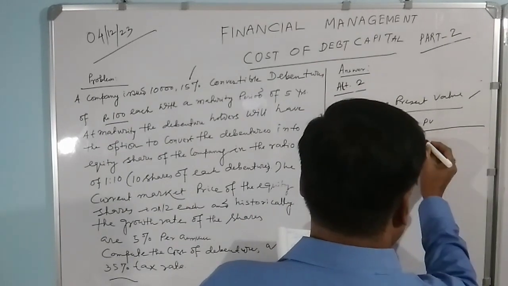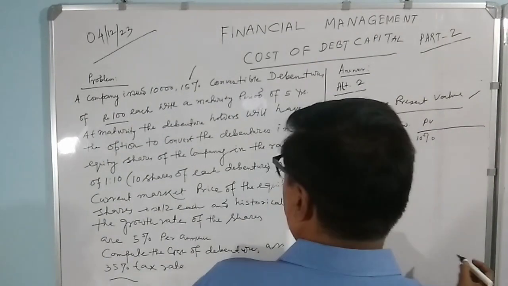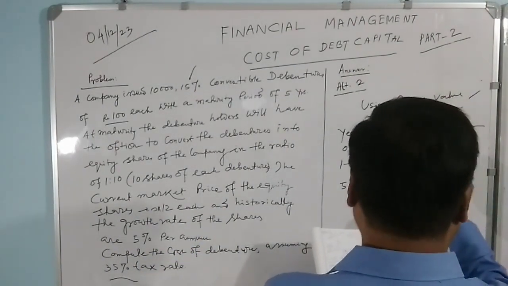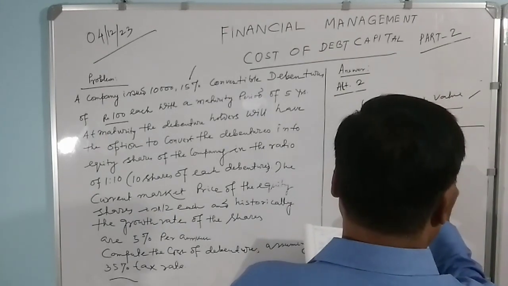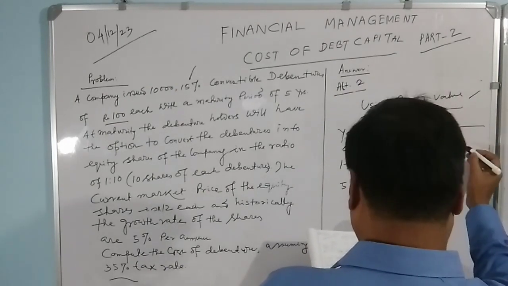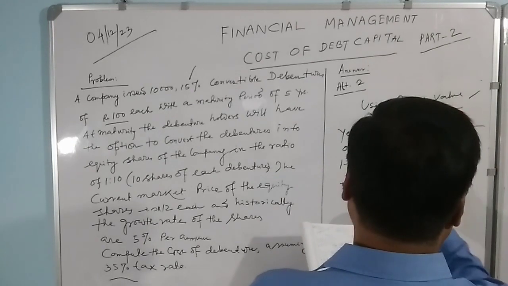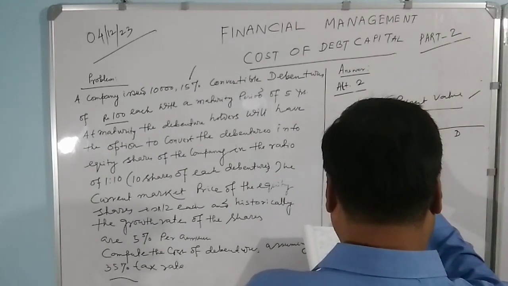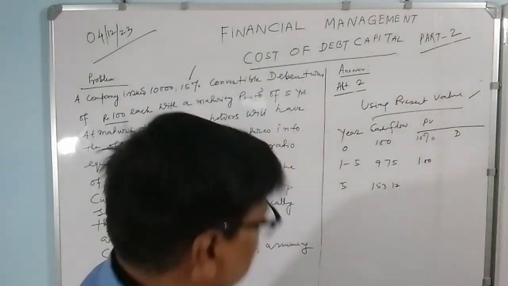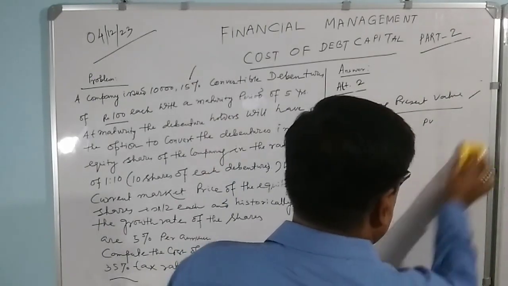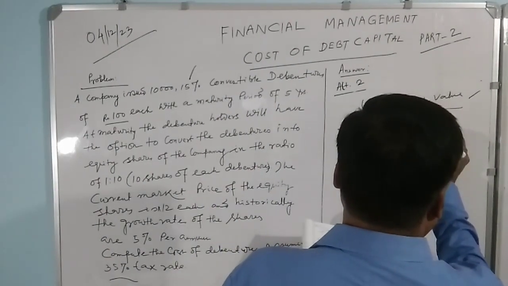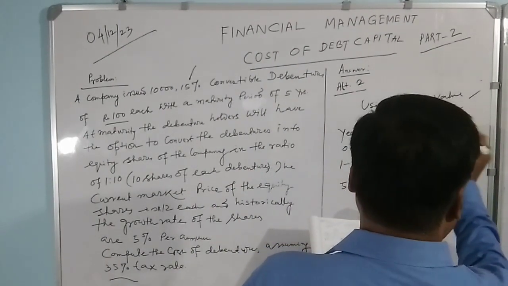See, two different rates you have to take. One is the 10% rate we have to calculate. So at 10% rate, present value of 1 rupee will give your discounted cash flow.